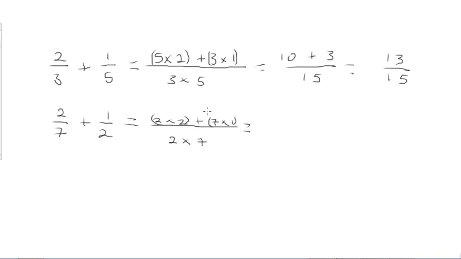This is equal to 2 multiplied by 2 is 4, plus 7 multiplied by 1 is 7. This is all over 2 multiplied by 7 is 14, which gives us 11 over 14. And that is how we add fractions with different denominators.